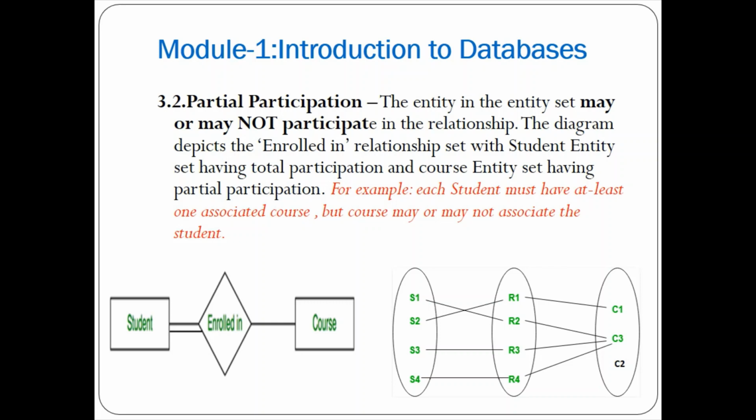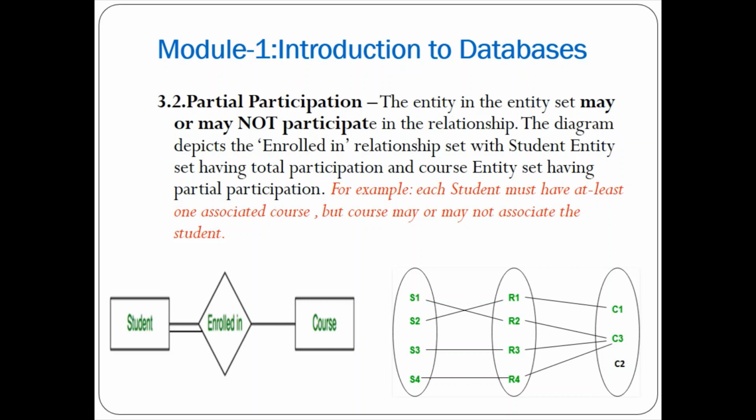That is why it is also called optional participation. Partial participation is represented using a single line between the entity set and relationship set. Here, the single line between the entity set course and relationship set enrolled in signifies partial participation.